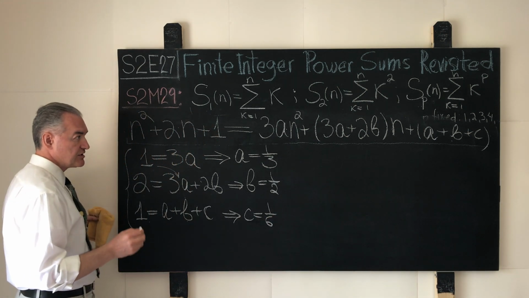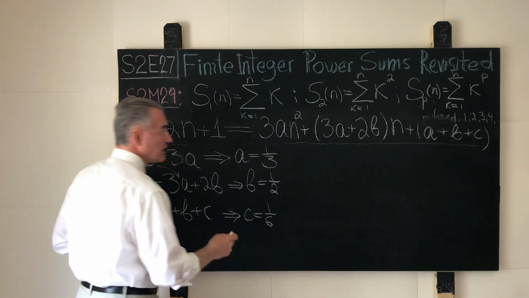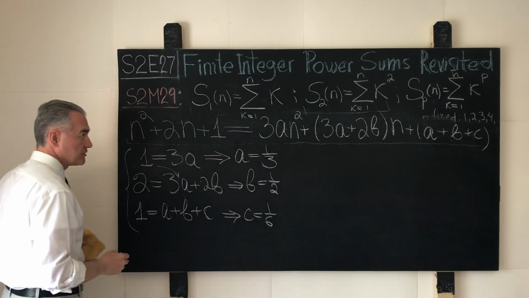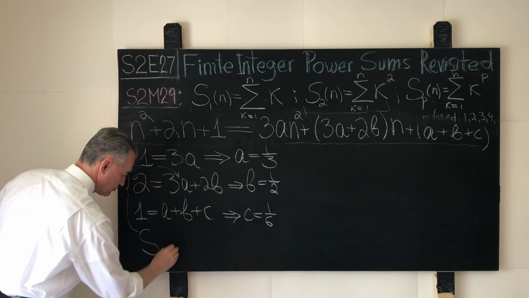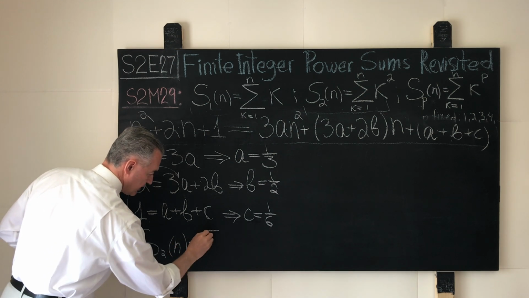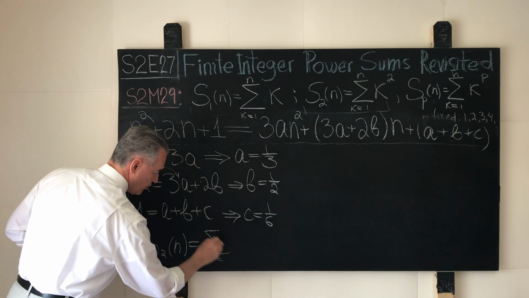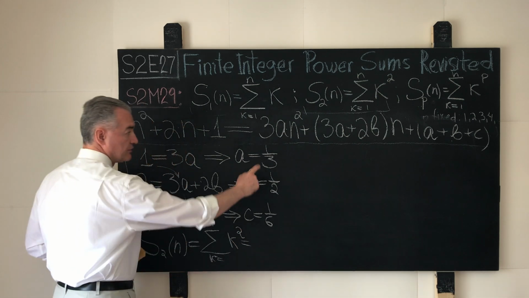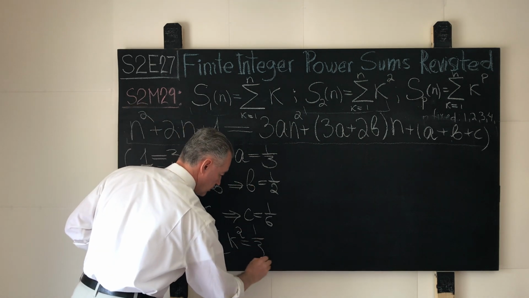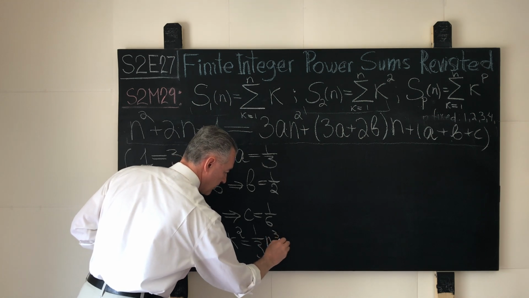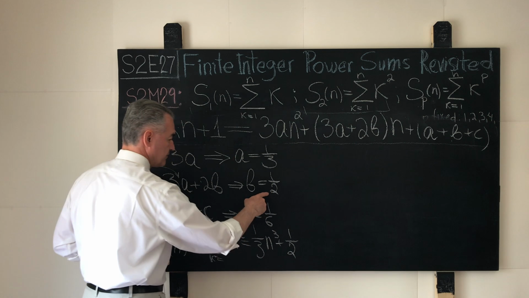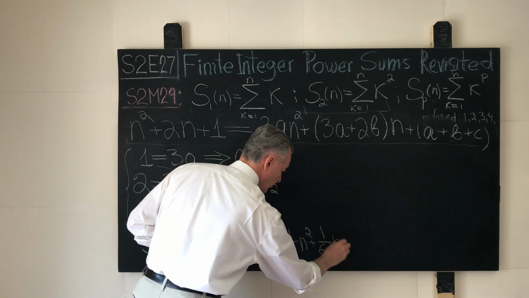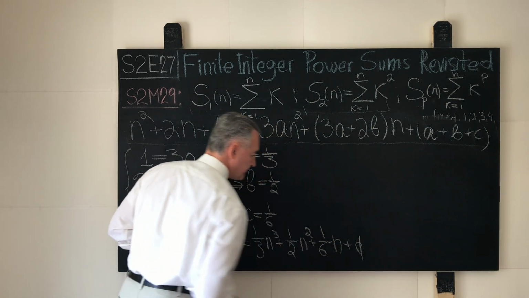So now it seems that our finite integer power sum S2 can be represented as a polynomial. In which way? S2 of n, that is a sum where k runs from 1 to n, where each k is squared, will be what? 1/3 of n cubed plus 1/2 of n squared plus 1/6 of n plus the coefficient d.